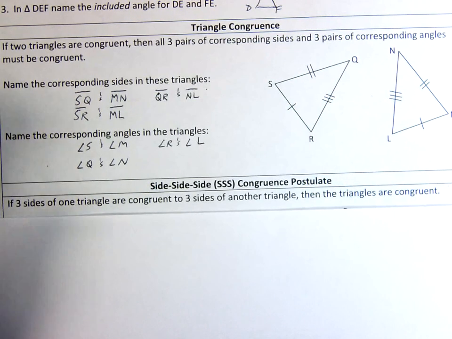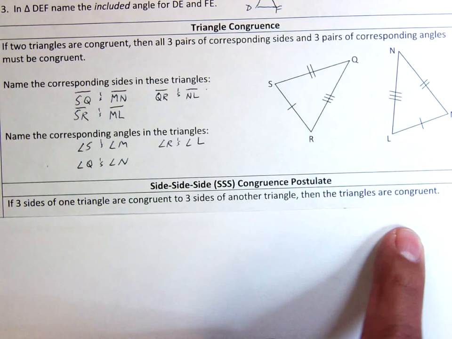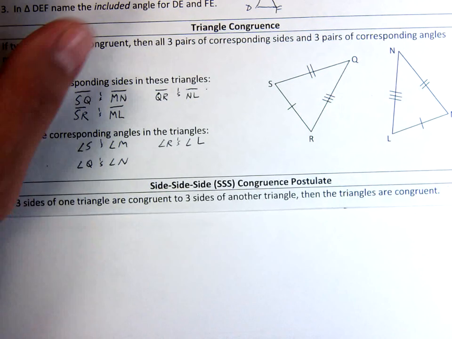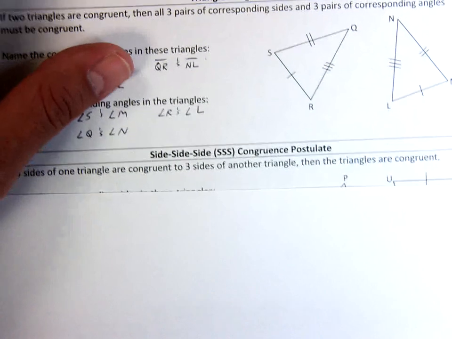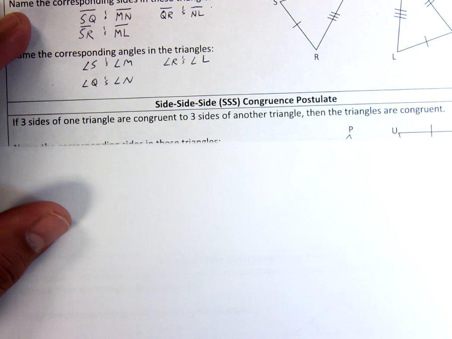If three sides of a triangle are congruent to three sides of another triangle, then the triangles are congruent. So it's enough for us to say, if these three sides of triangle 1 match these three sides of triangle 2, those triangles are congruent. We don't have to know about the angles. We can just know about the sides, and if the sides are all congruent, the triangles are all congruent.